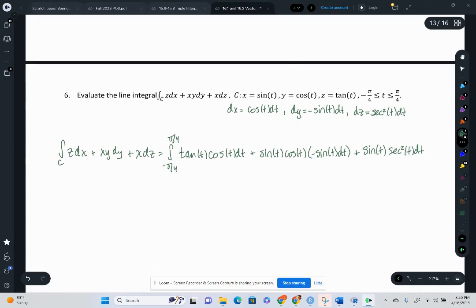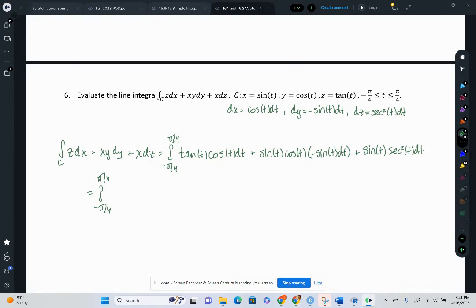Now, I need to do some serious cleaning up by rewriting stuff in terms of sines and cosines, seeing how I can clean this up a bit. So I'm looking at the first part, minus pi fourths to pi fourths. That tangent of t is sine over cosine. Sine over cosine times cosine is just sine.